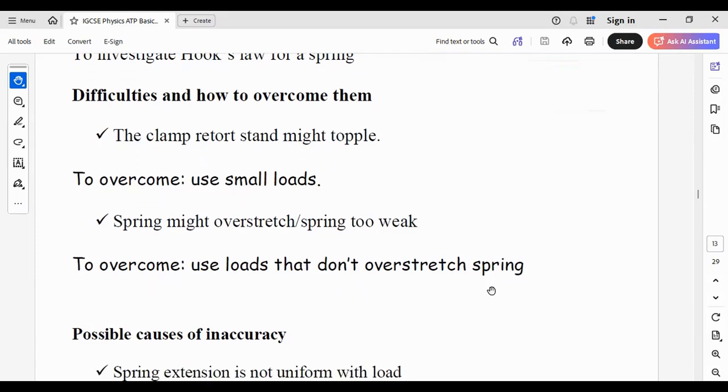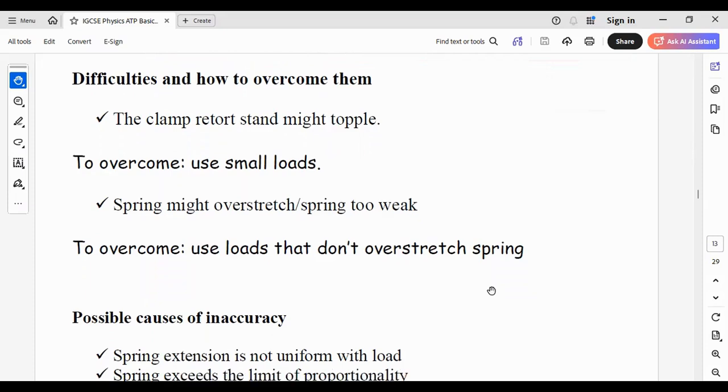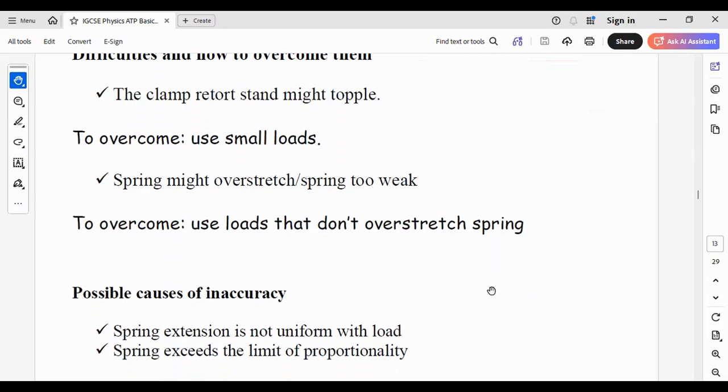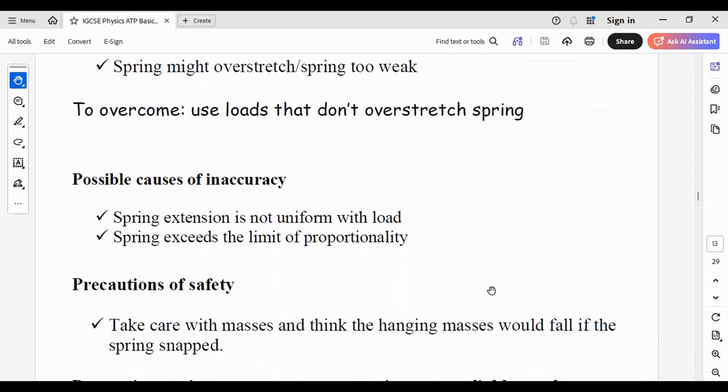A possible cause of inaccuracy in the spring experiment or Hooke's law is that spring extension is not uniform with load. If you are changing the load non-uniformly, the extension will not be uniform. Another is that the spring exceeds the limit of proportionality. Sometimes this happens when the spring is very weak, or if you put on a heavy weight, it easily exceeds the limit of proportionality.